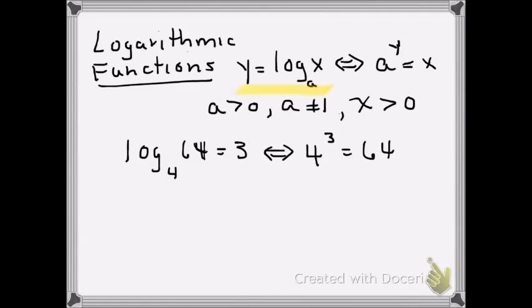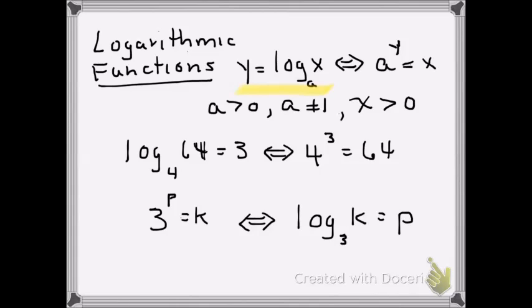We could take a more general form. 3 to the p power is equal to k. Now this is your exponential form, and we can write that in logarithmic form. Log base 3 of k is equal to the exponent p. And you'll want to be able to switch back and forth from exponential form to log form, or from log form to exponential form.